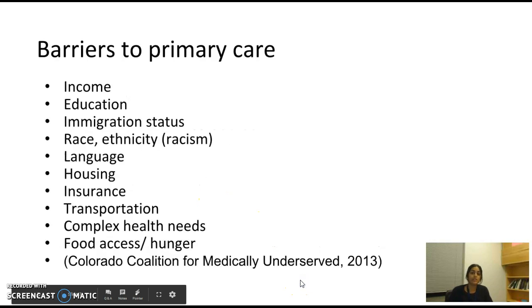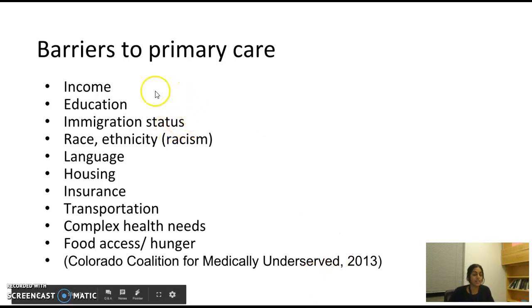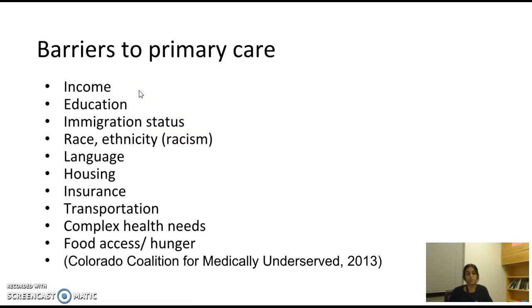So the barriers to primary care were addressed in the Colorado video, the first one, Colorado Coalition for the Medically Underserved. And what they talk about in the video, and what's also very much written about in your textbook for chapter 3, is income, education, immigration status, which wasn't in the video, but I put that in, race and ethnicity, and racism.